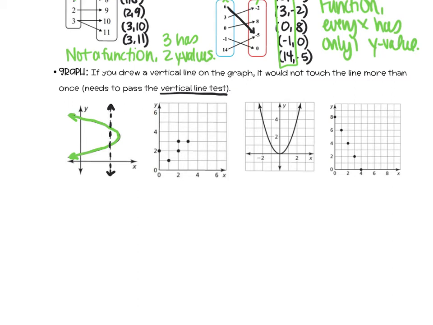If that line is going to touch the one that's graphed on there more than once, it is not a function. So it is only allowed to touch it one time in order for it to be a function. So this one would be not a function.